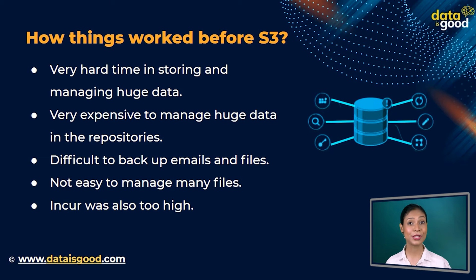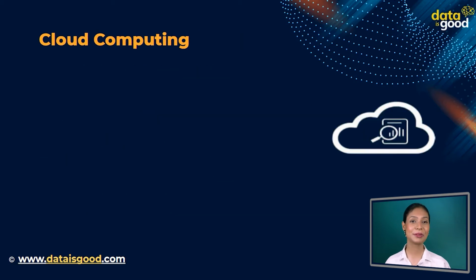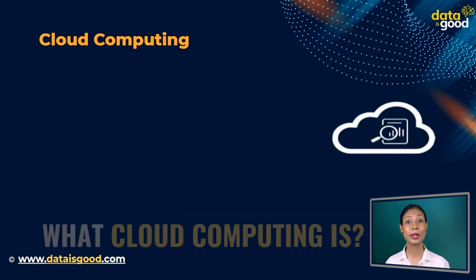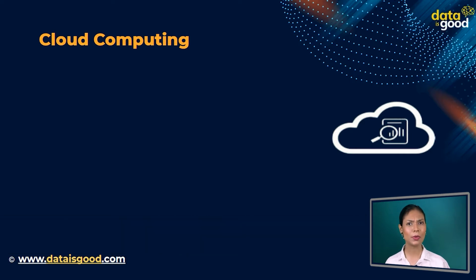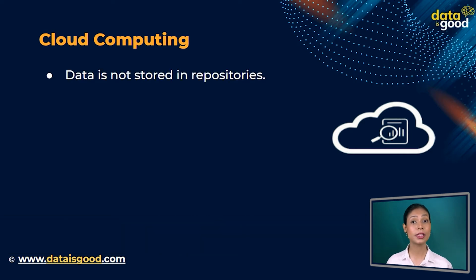But then came a solution in the form of cloud computing. Now we will learn what exactly cloud computing is. So we all know that the way data is stored in the cloud is very different from the way data used to be stored in repositories. When it comes to cloud computing, data is not stored in repositories.